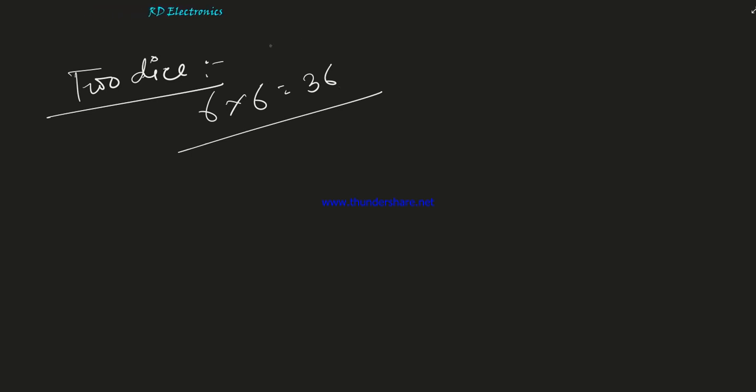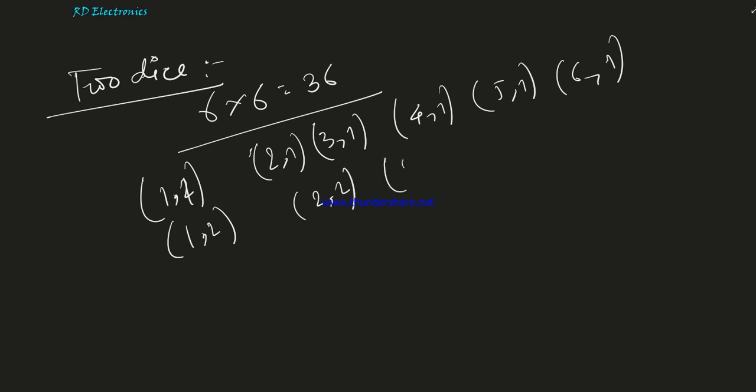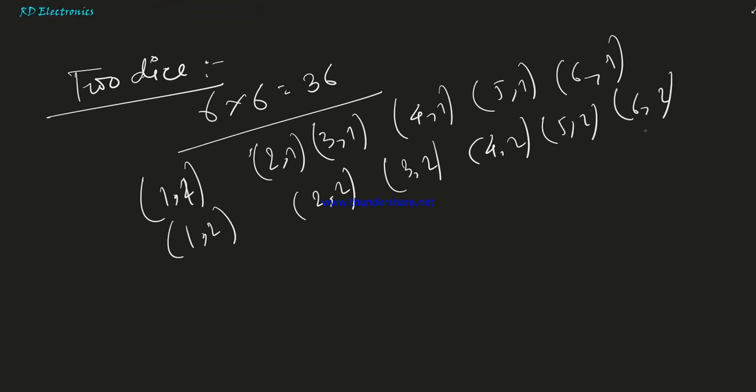Okay, this first comes out. So these different ways are 1,1, then 2,1, then 3,1, then 4,1, 5,1, and 6,1. So 1, 2, 3, 4, 5, 6 different ways. Now for the second, 1,2, this is 2,2, this is 3,2, this is 4,2, this is 5,2, this is 6,2.